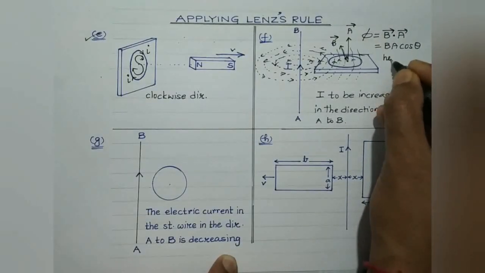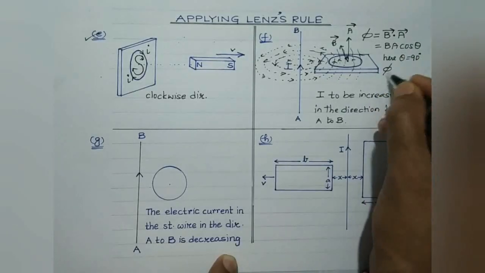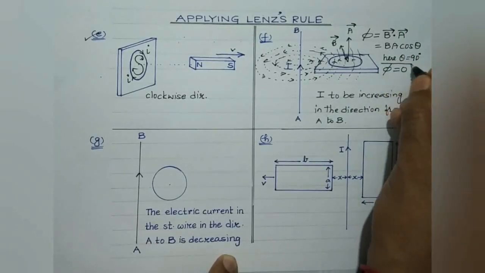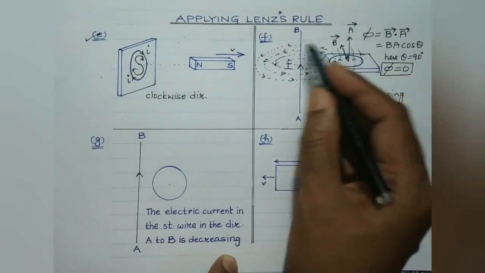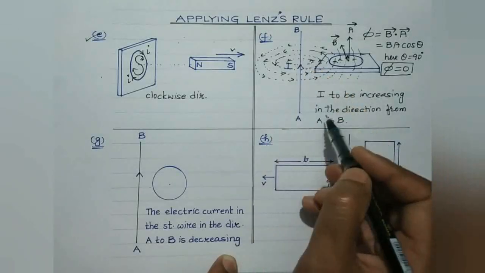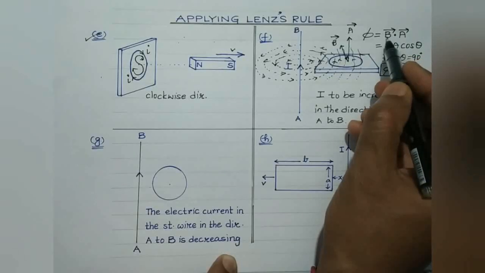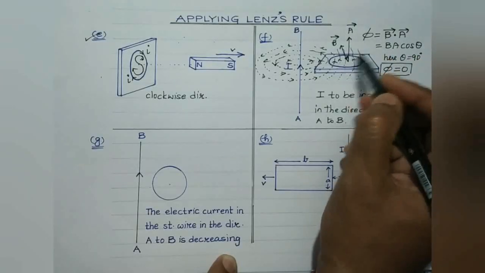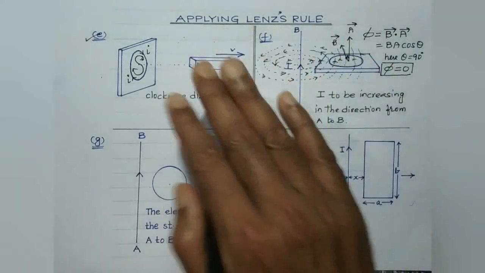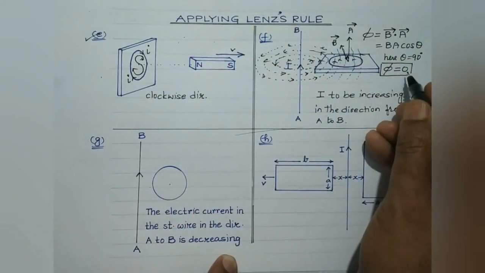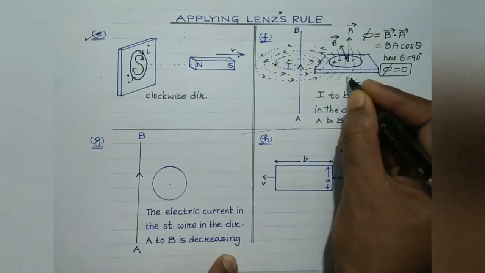So here, theta being 90 degree, cos 90 becomes 0. So flux would be equal to 0. So even if the strength of the magnetic field keeps on increasing due to the increasing current, still, because the magnetic field and the area vector are perpendicular to each other, the magnetic flux associated with this coil, which is kept on a horizontal plane, is 0, and therefore no current will get induced in the coil.